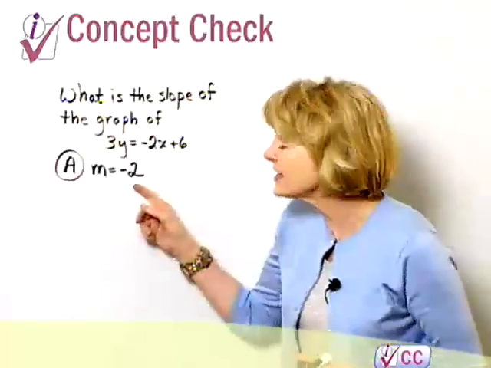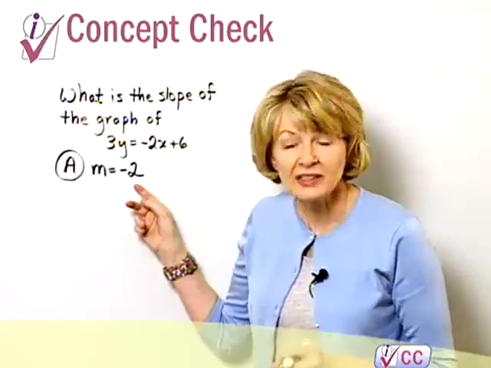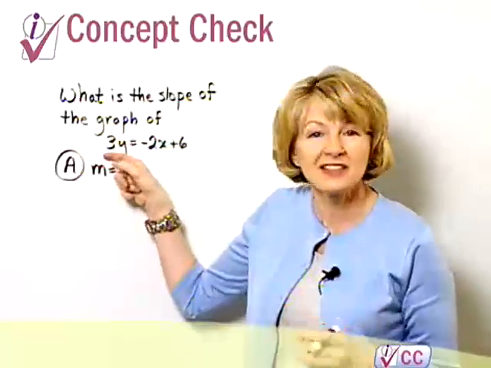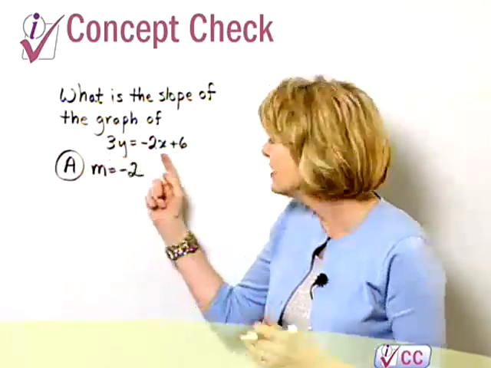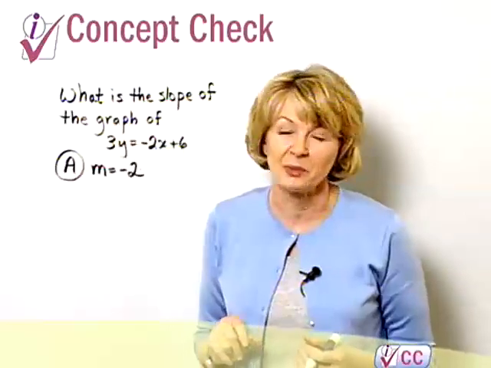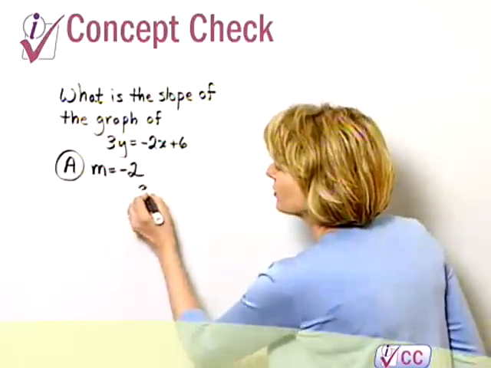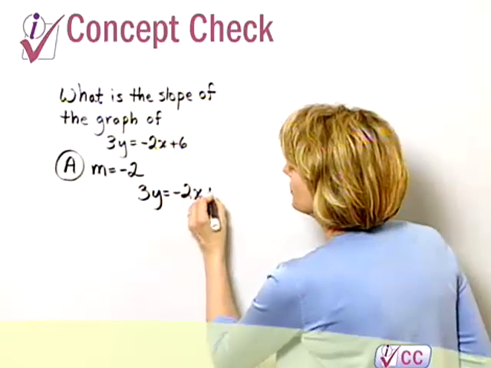Choice A is incorrect. Let's talk about why. For an equation to be written in slope-intercept form, this equation must be solved for y. Once it's solved for y, then the coefficient of x is slope. This equation is solved for 3y. We need to solve it for y, and how do we do so?